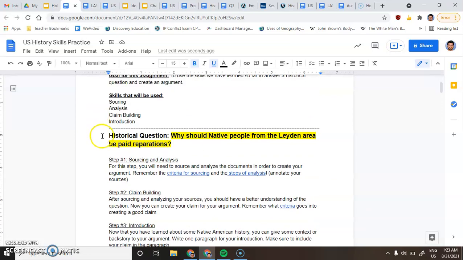Now, moving along, the very first thing you see is this here, okay? For every essay that I give you, there's going to be a prompt question or a historical question. It's going to be a question that I give you, and you're going to give your answer to that, and that's going to be what you're arguing. That's going to be your claim, whatever your answer to the question is, okay?